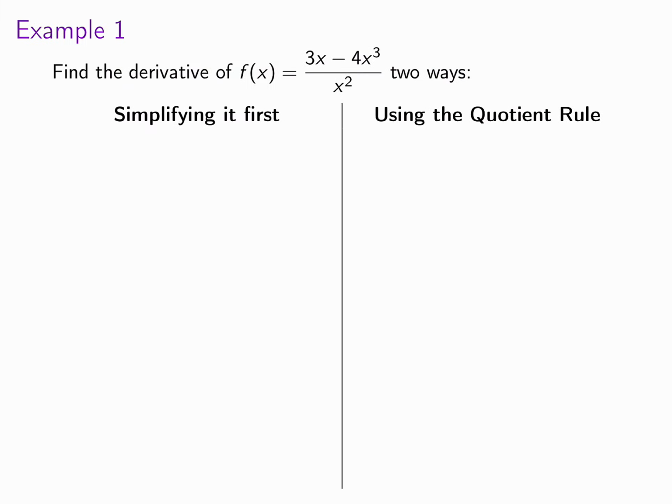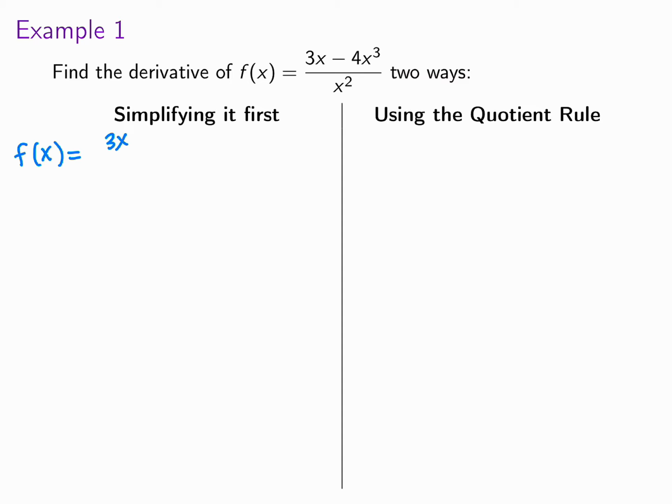Let's find the derivative of f of x equals 3x minus 4x cubed all over x squared two different ways. First, we'll simplify it and take the derivative using previous rules like the constant multiple rule and the power rule, and then we will use the quotient rule. So let's simplify first. f of x equals, I can split up my numerator.